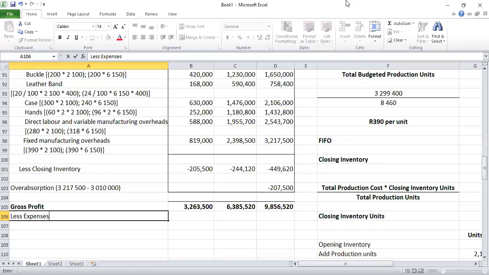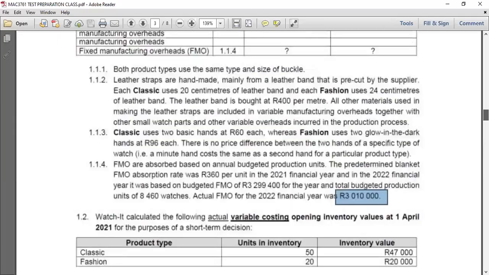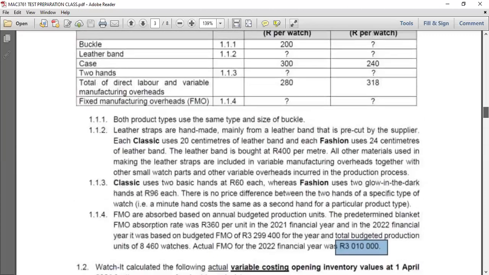Right, then our expenses. We'll now deal with all non-manufacturing costs.